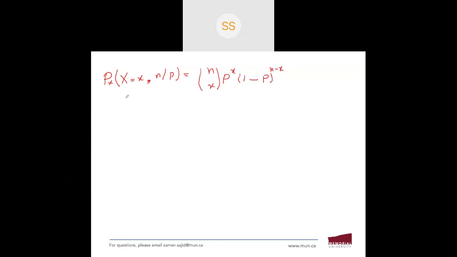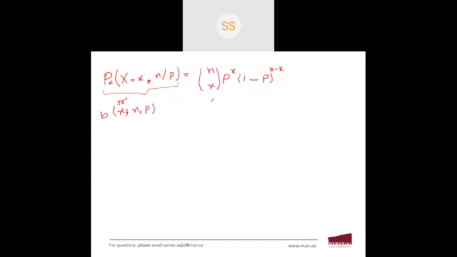There is another way to denote this probability for the binomial distribution. You can write this, or you can also write it as B of X semicolon n comma p.